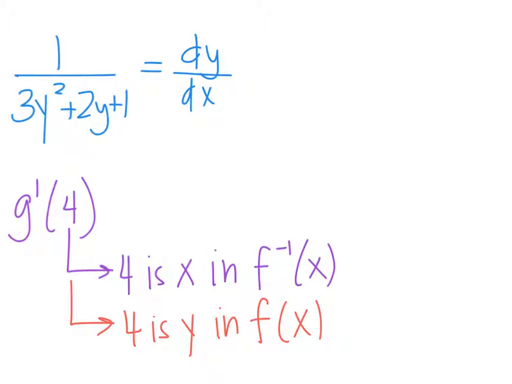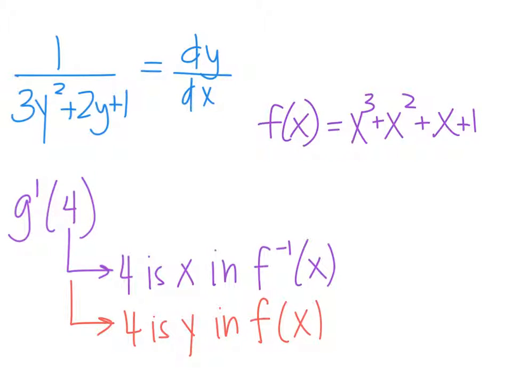So let's recap this, because we're doing this since I don't have an inverse function to throw 4 into to find who his partner is. I don't have an inverse function, but I do have a regular function. If 4 is x in the inverse world, then 4 is y in regular world. So I take f of x, which is equal to x to the third plus x squared plus x plus 1, and I set it equal to 4.